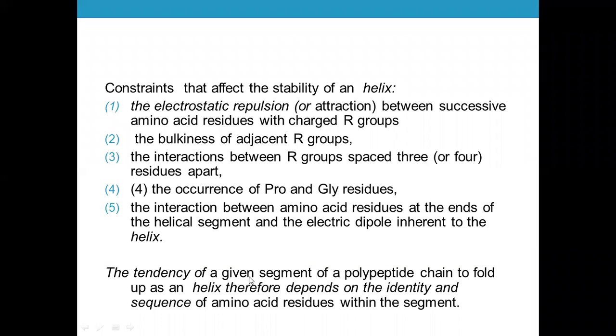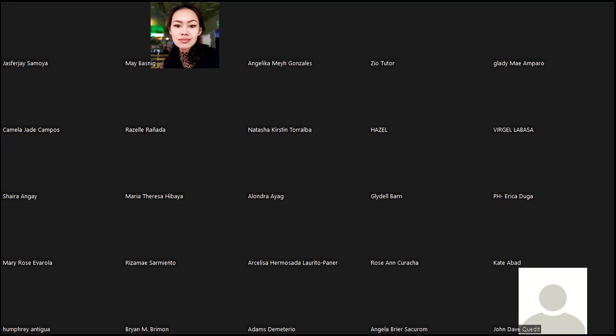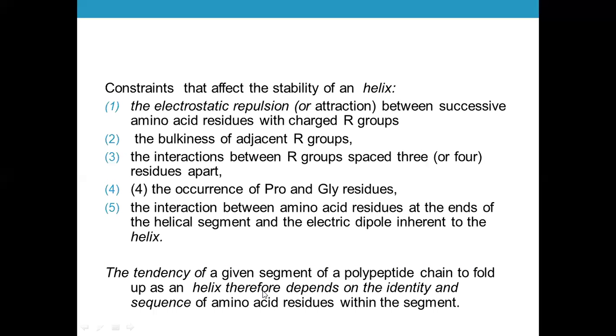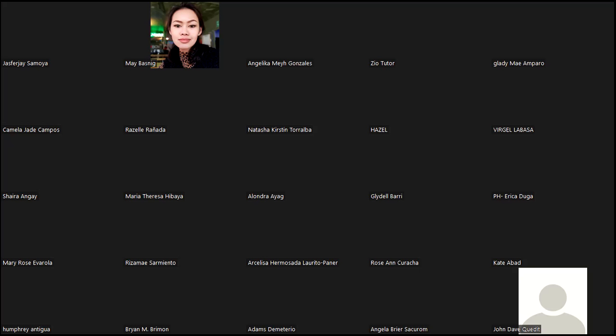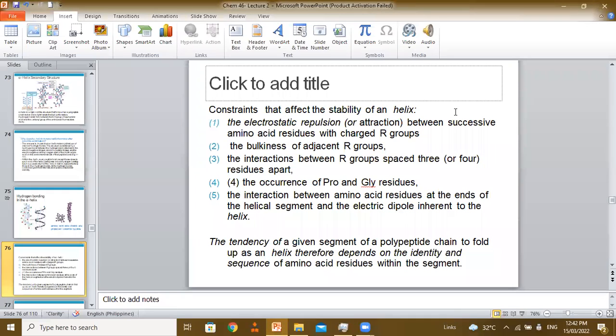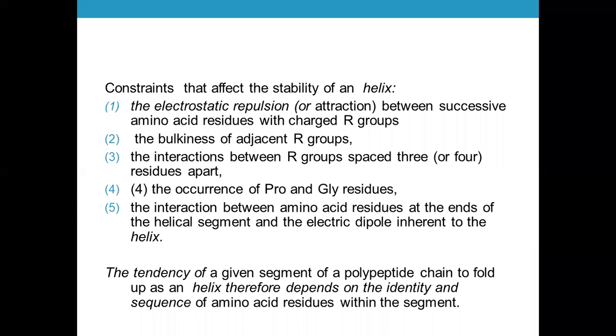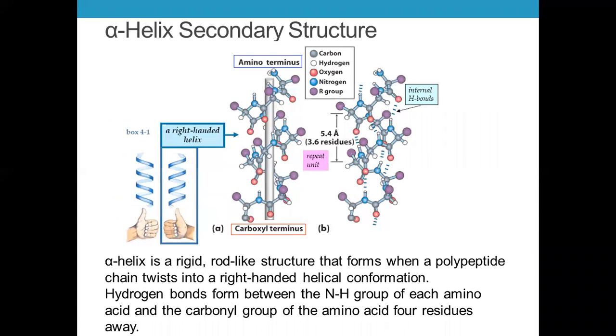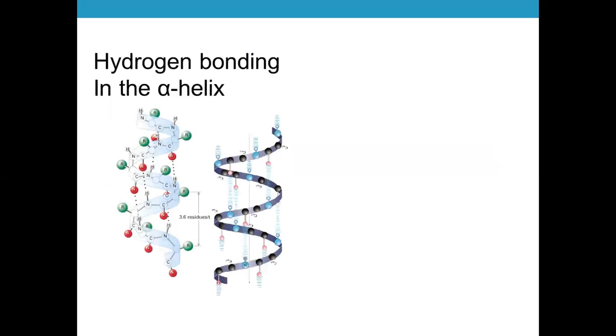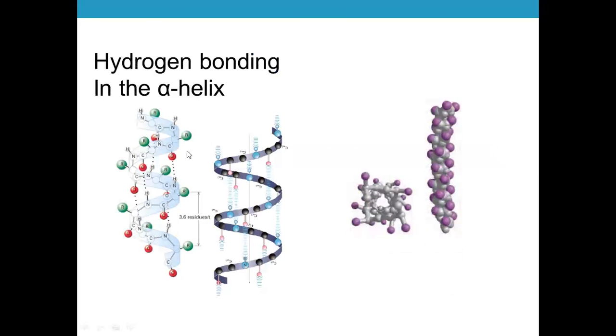So the bottom line again, when we are talking of the alpha helix structure, is on the identity of the amino acid, because the R groups also affect the stability of the alpha helix.